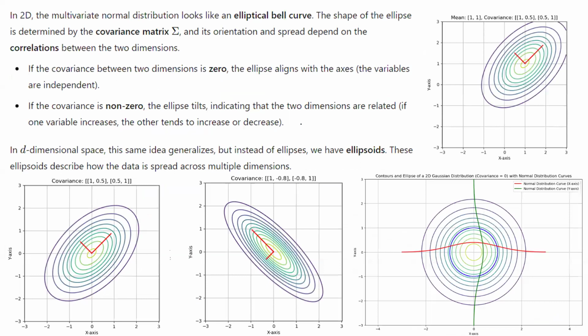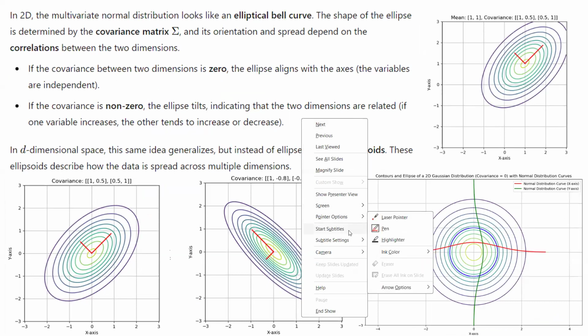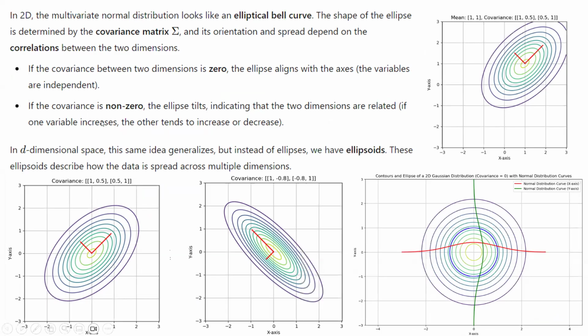This is very important, and this is what you have to understand, and this tells you how your understanding actually is. In two dimensionalities, the multivariate normal distribution looks like an elliptical bell curve, right? An elliptical bell curve that you have seen. So if you look from a bird's eye view, it looks something like this.